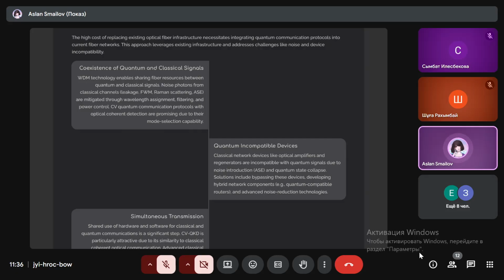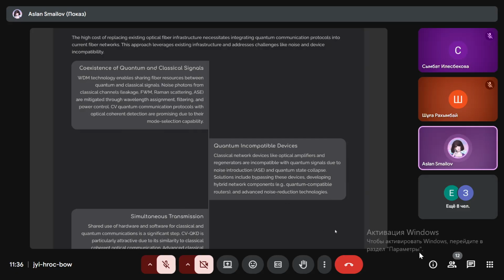This approach leverages existing infrastructure and addresses challenges like noise and device incompatibility. Here is some information about the coexistence of quantum and classical signals, the quantum-incompatible devices, and the simultaneous transmissions.